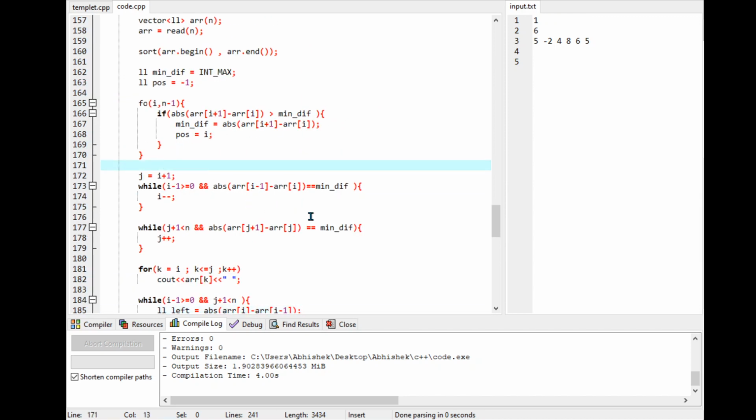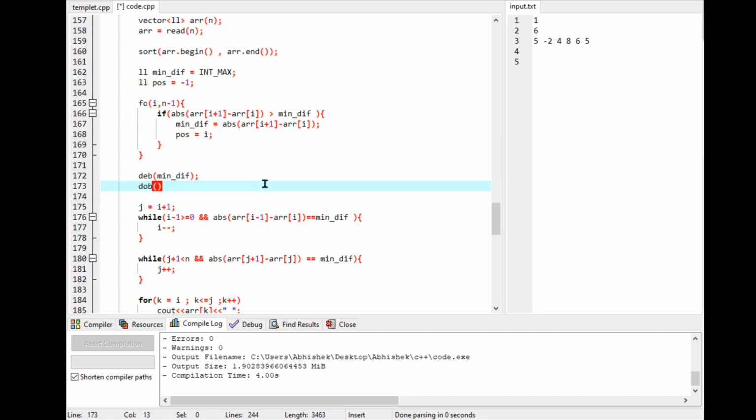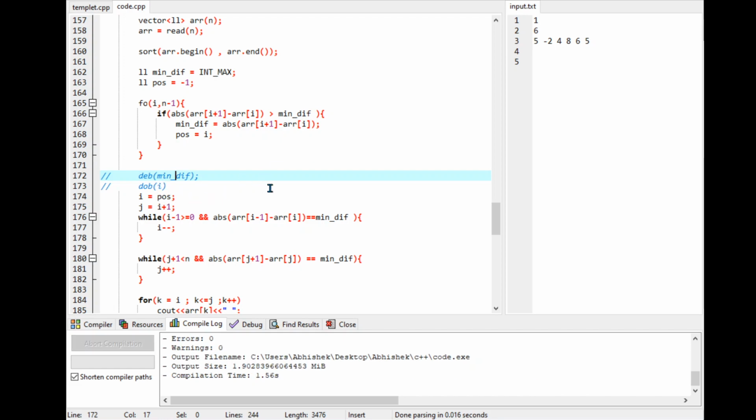Let's check what was the min difference, and let's then debug and check what was the position, or rather i. Okay, I think this was the mistake. i should be equal to position, because we are storing in position. Okay, this is again something really wrong. Hmm.